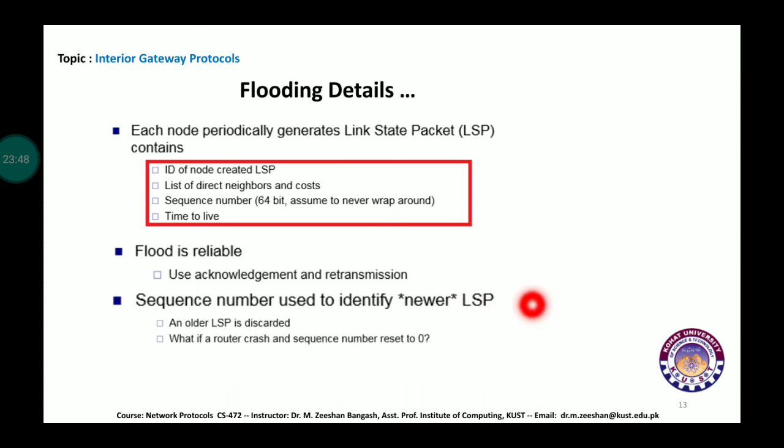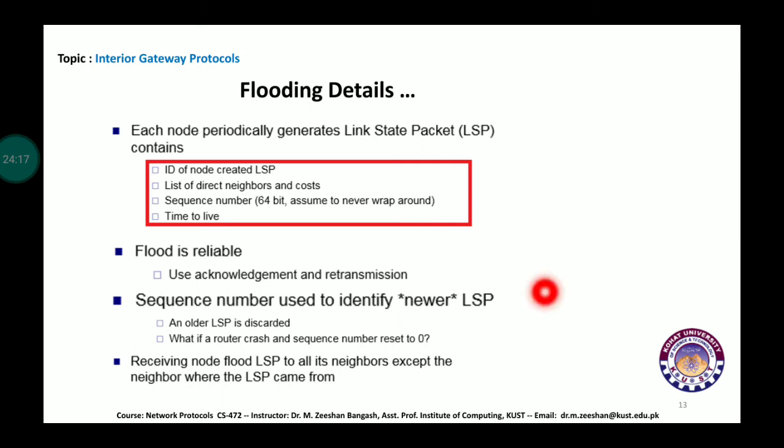As I have already discussed, if a new LSP is received, the older LSP is discarded. And there's again a question: if the router crashes and the sequence number resets to 0, what will happen? Basically the algorithm will re-execute itself to learn the topology of the network completely.